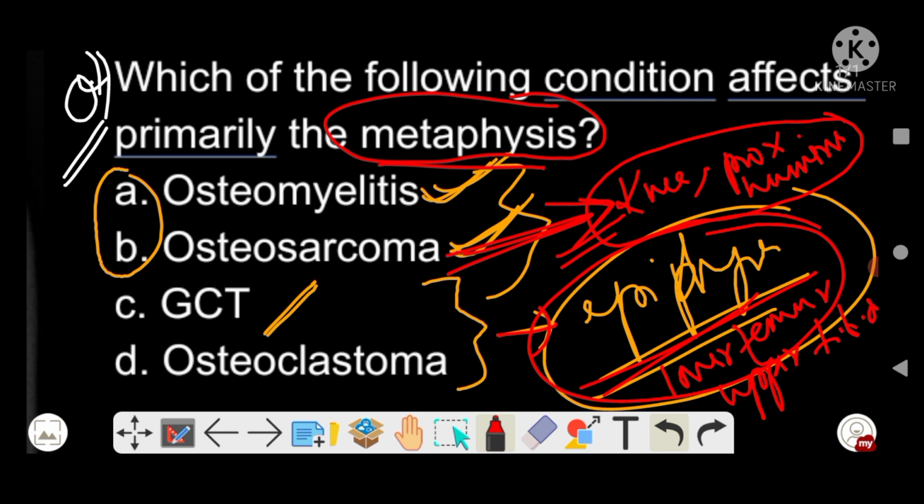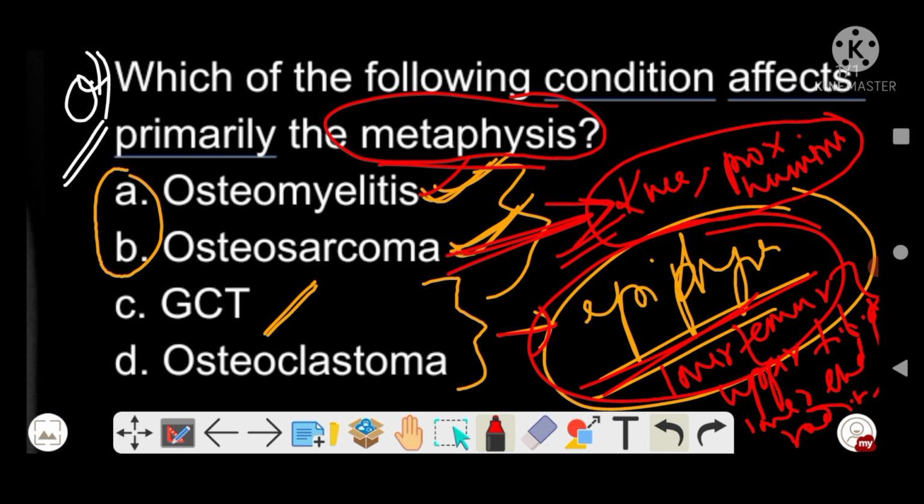That is, if I talk about the knee joint, lower end of femur, upper end of tibia, also lower end of radius. These are your most common sites where you can find giant cell tumor or osteoclastoma. Regarding these bone tumors, we will discuss in a separate slide. Also regarding osteomyelitis, a very important topic, we will discuss in a separate question and slide.